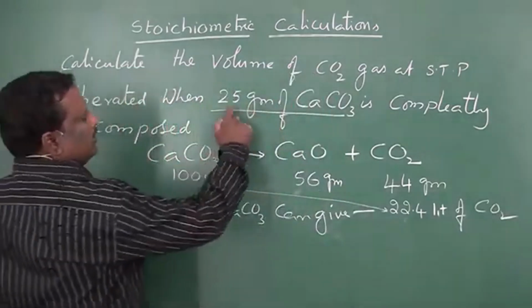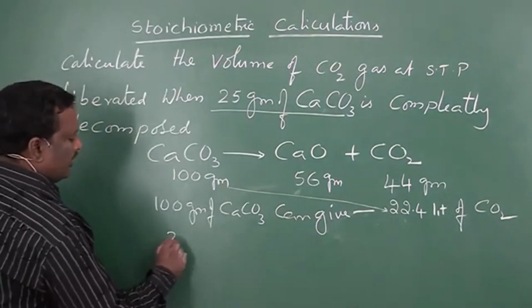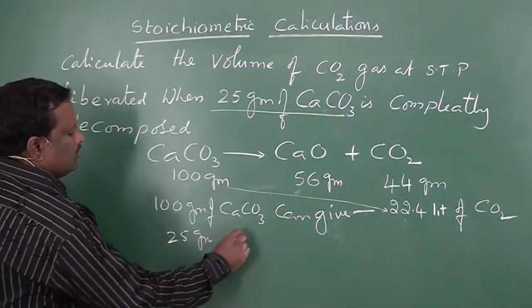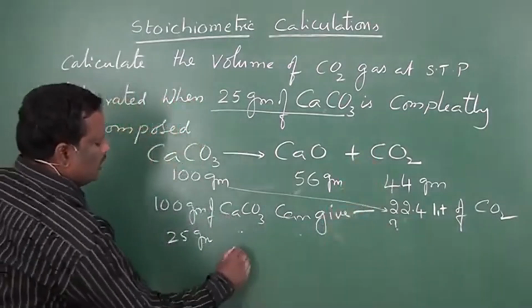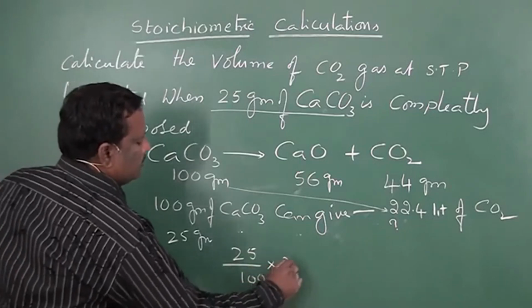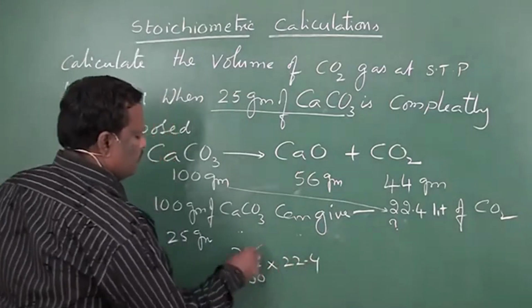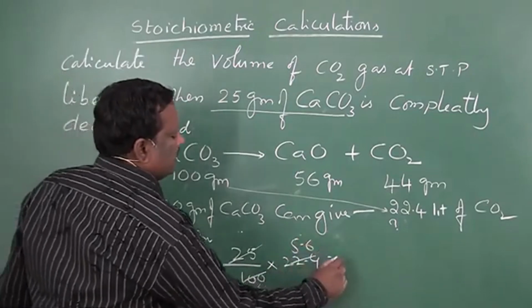Now they are asking the amount of CO2 liberated from 25 grams. So 25 grams of CaCO3 can give how many liters? So 25 by 100 into 22.4: 25 four times is 100, and 22.4 divided by 4 is 5.6.